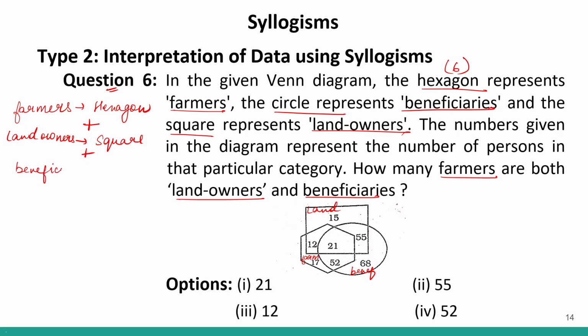If they are beneficiaries, we look at the circle also. So we have to find an area that is an overlapping of hexagon, square and circle. In this particular area, we have the hexagon, the circle and the square. This area, 21, is the number of farmers that are both landowners and beneficiaries. So my answer will be option number 1, 21. Correct?